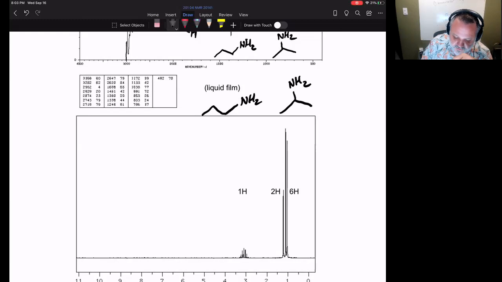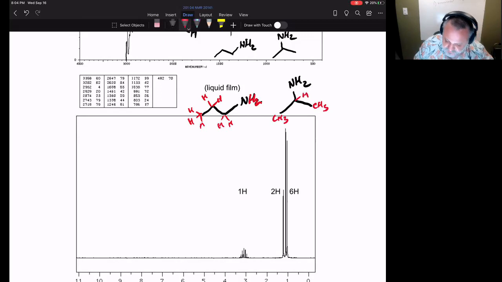NH2. Well, let's look at these and let's think about how many unique hydrogens there would be. Well, I'd have 1, 2, 3 hydrogens here, 2 here, 2 here, and then I've got these 2. In this case, I've got a CH3, a CH3. Looks like there's 1 hydrogen there, and then I've got these hydrogens.